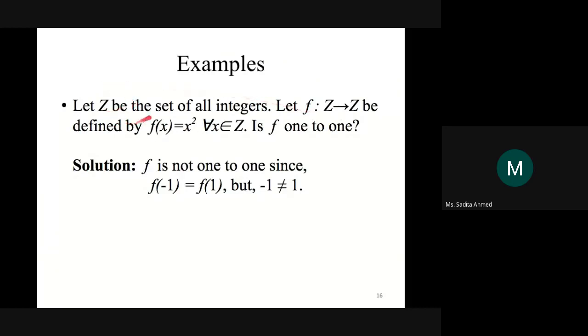In other words, x will never be negative, so you will never get that scenario where the result is the same, but the input is different. Is this clear to everybody now? Yes, miss. Okay, cool. All right.